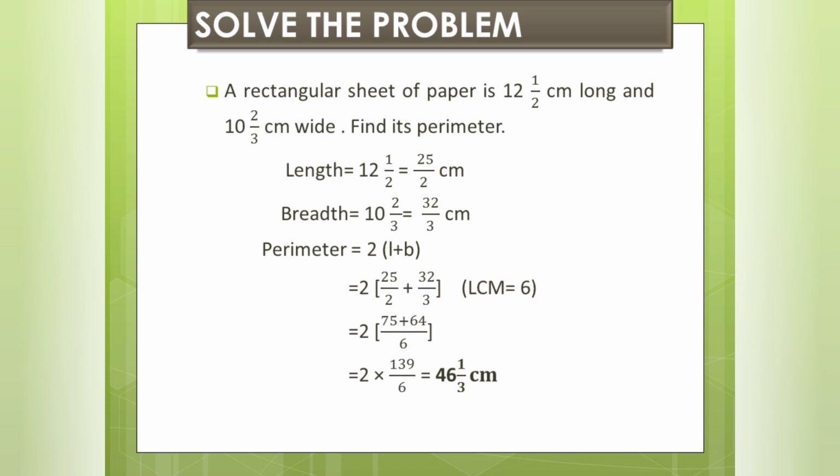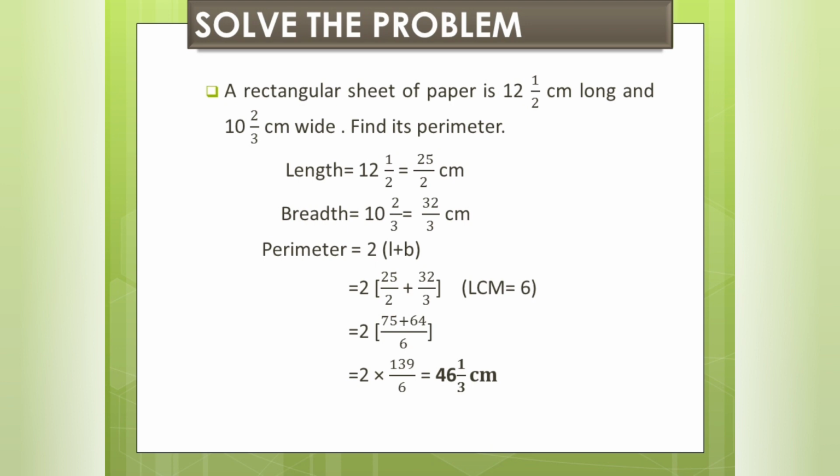So we have to substitute these numbers in place of length and breadth: 2 multiplied by (25 upon 2 plus 32 upon 3). As usual, here 2 fractions are there and these 2 fractions have different denominators. So we have to find the LCM of denominators 2 and 3. Then we'll get LCM 6.